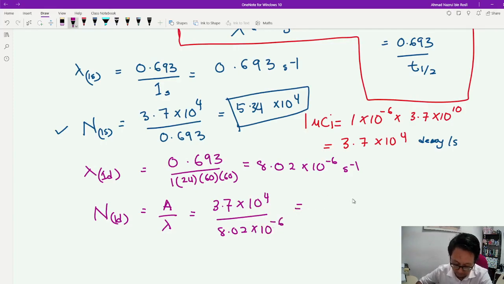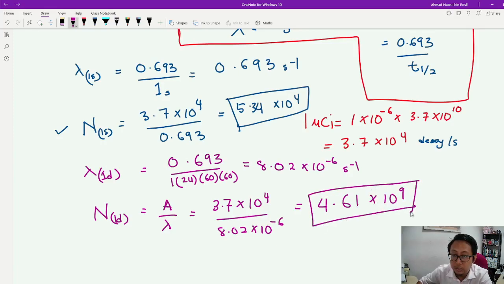So the answer here is 4.61 times 10 power of 9. This is the answer for the sources of 1 second and 1 day. You can try the 1 hour.